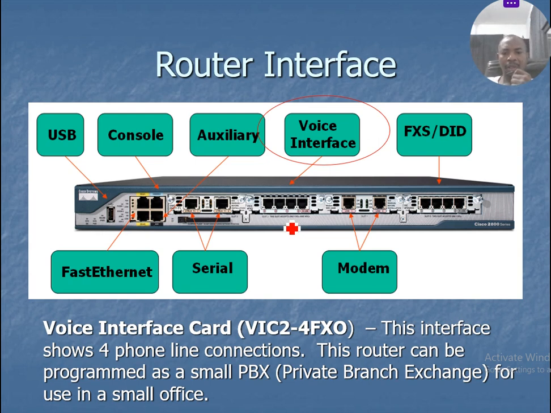Is that okay? Now this router can be programmed as a small PBX. PBX means private branch exchange. PBX is used for telephone communication. So these 4 inputs, which are called the voice interface, are used as a PBX in a small office. So with this type of router, you can have a small office with its own telephone line, what we call the landline.